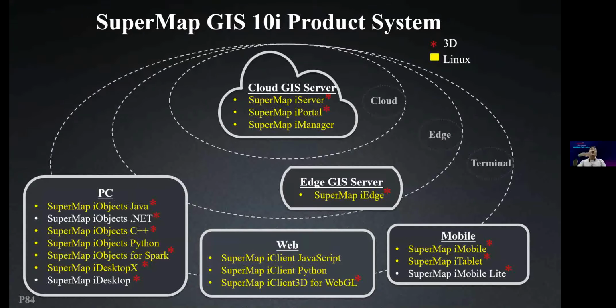In the center, we have the products SuperMap iServer, SuperMap iPortal, SuperMap iManager, and on the edge side, we have the SuperMap iEdge. And on the terminal side, we divide them into 3 parts: the PC terminal, the web terminal, and the mobile terminal.